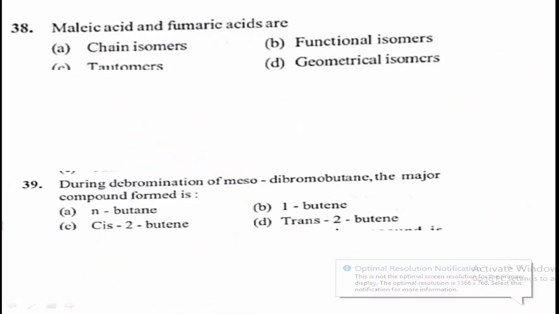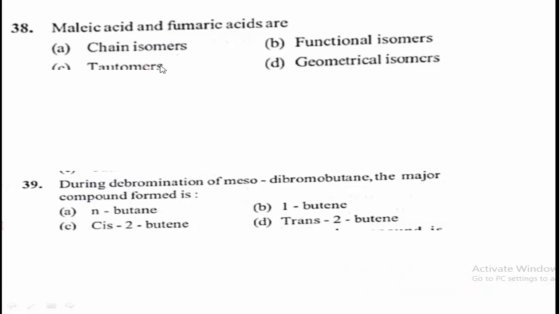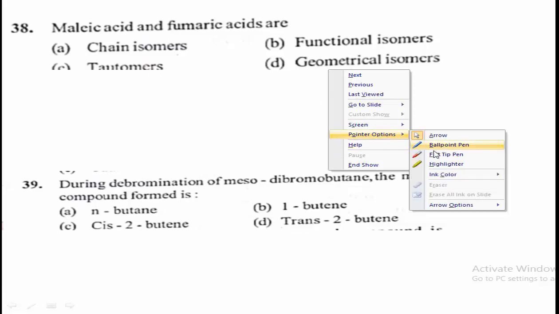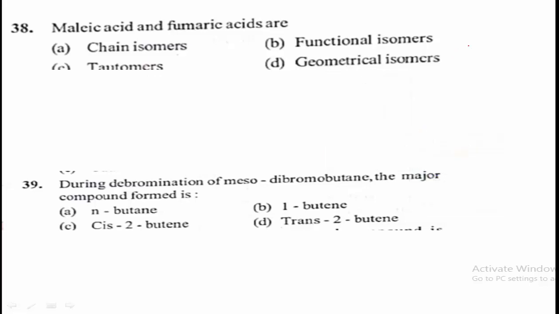Okay, see here students, for the calculation of structural isomers in alkenes, I write the formula here. For alkenes there are two formulas.